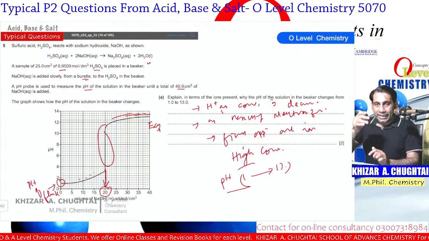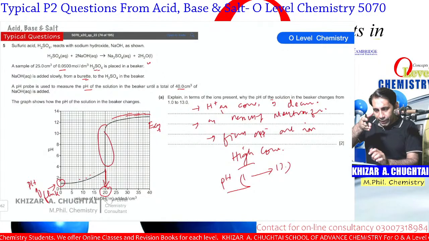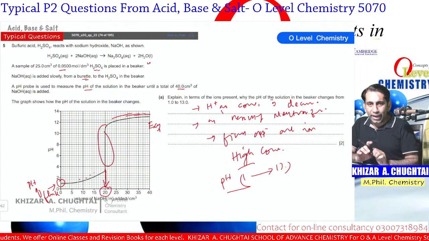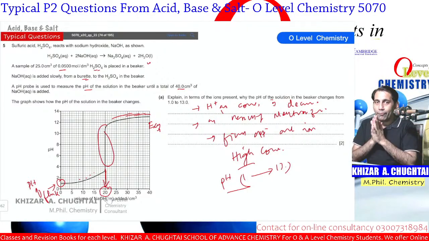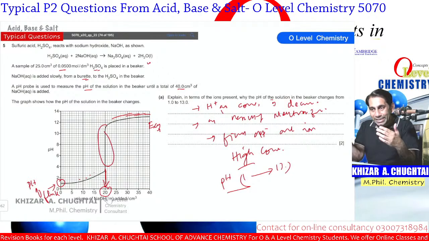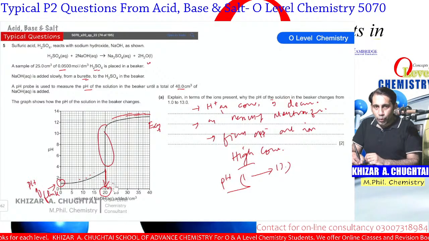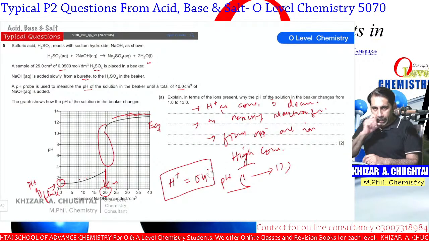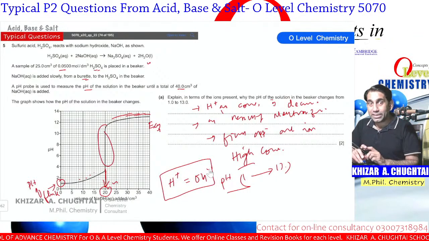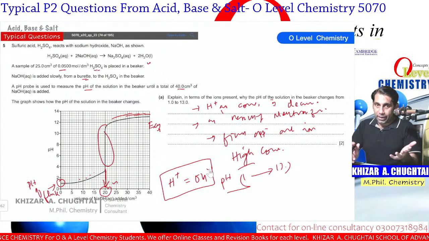This straight line portion is extended towards the x-axis, and this volume is the volume that was required for exact neutralization. I mean, this volume was required to equalize the number of moles of H+ ions and moles of OH- ions. That is said to be the equivalence point, in other words, the end point.